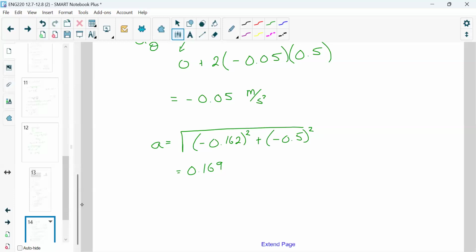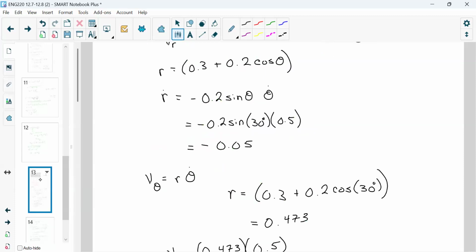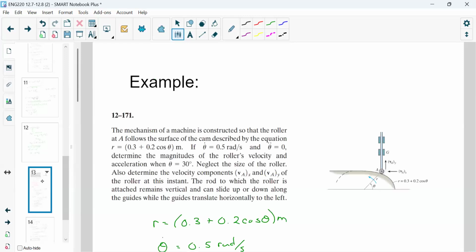All right, so then it wants us to find what? Now that we're at this point, we found our a and we found our v, the instructions say to go in and find the velocity components, v sub x and v sub y, of the roller at this instant. That's the sine and cosine information that I had up on the board.